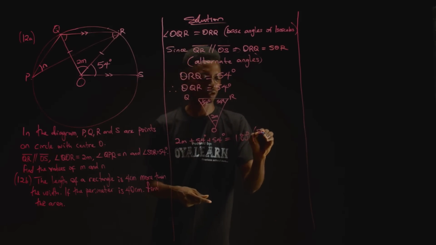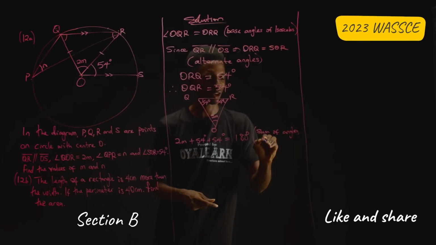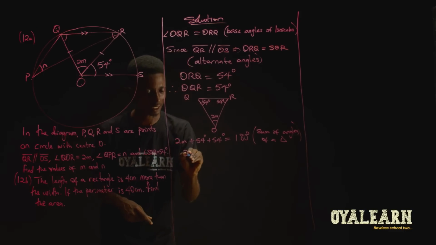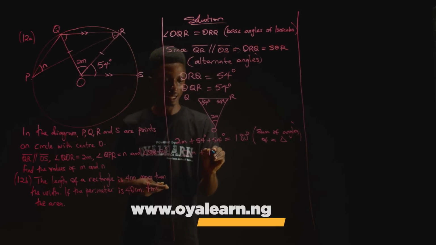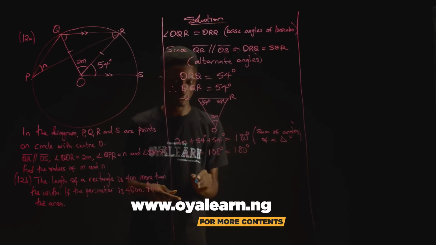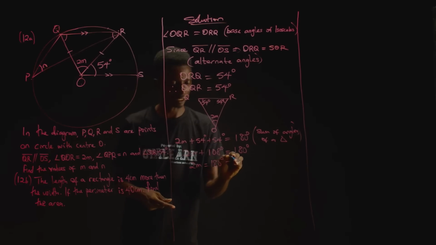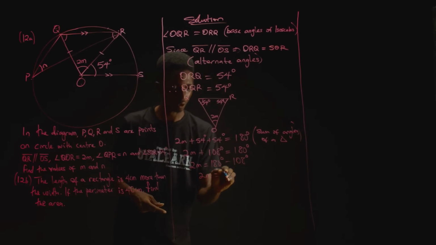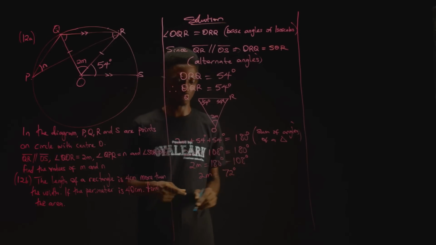Now, this is what? Sum of angles of a triangle. Now, let's sum this. That is 2M plus 54 plus 54 will give us 108 degrees equals 180 degrees. So 2M becomes 180 degrees minus 108 degrees. So 2M equals, now when we find the difference here, we get it as 72 degrees.